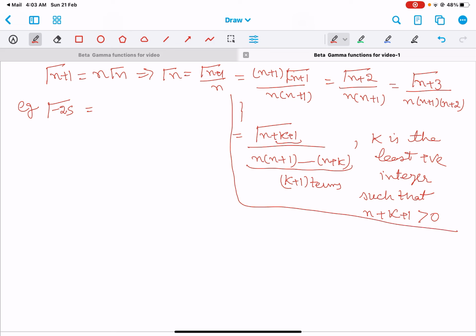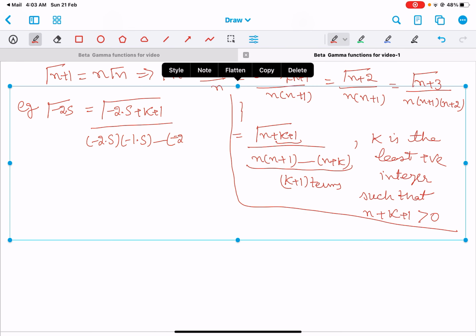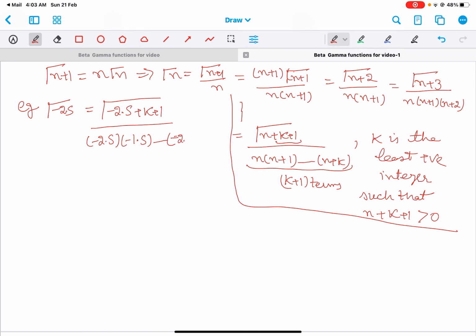I'll be writing it as gamma of minus 2.5 plus k plus 1 upon minus 2.5 into minus 1.5 up till minus 2.5 plus k. You may notice that this number will be the last negative number of the series.